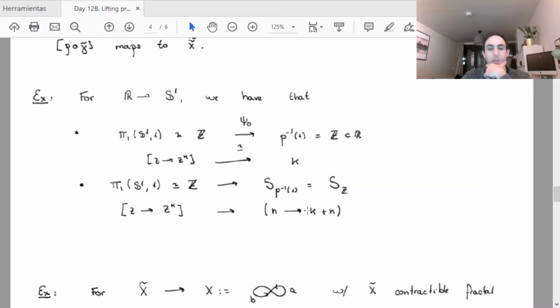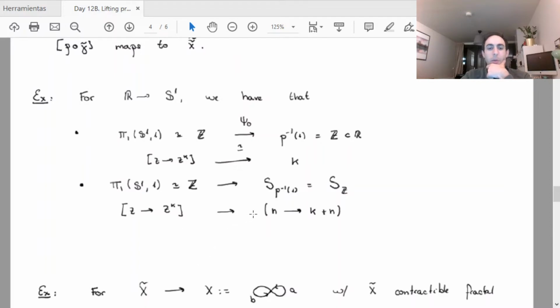So that tells me that the way in which I'm including the group Z into the permutations of the preimage, which is also the set Z, is just as the shift. And note that Z is a big set, it's infinite, so the permutations of Z is a really big group, but pi1 is really small. It's just the shifts. All right.